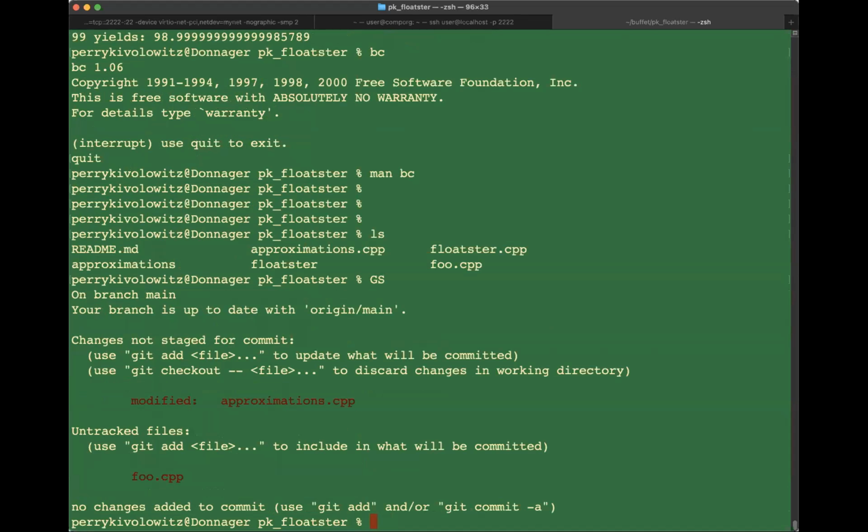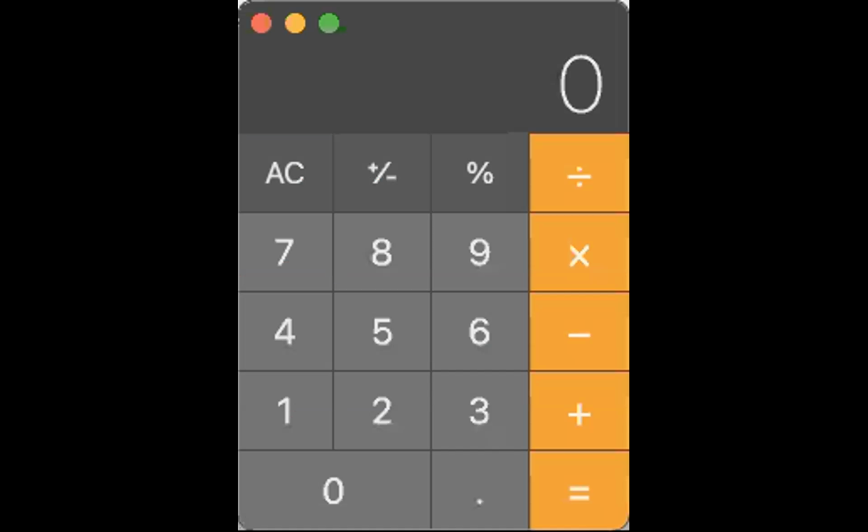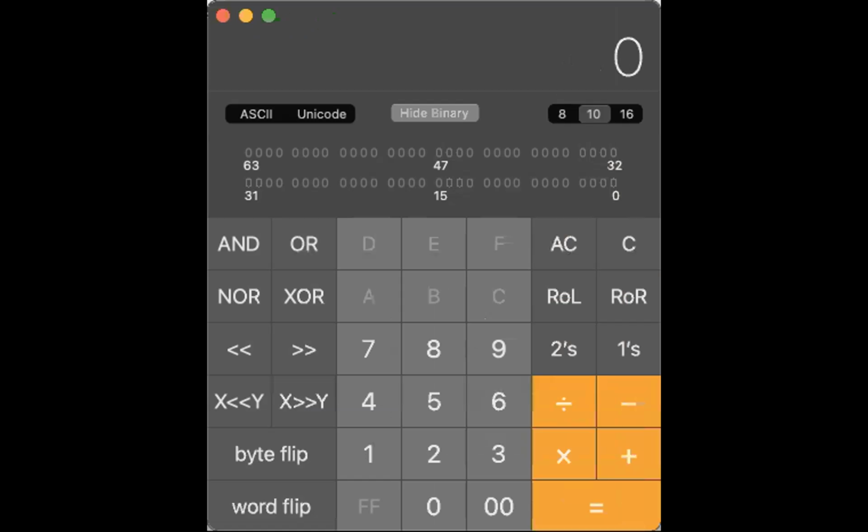Sure. Okay. Let's see. Can we use the Mac calculator? All right. Now I'm going up to the main menu and I'm going to say programmer. Is this Apple Calculator?